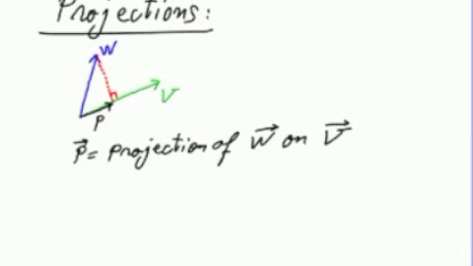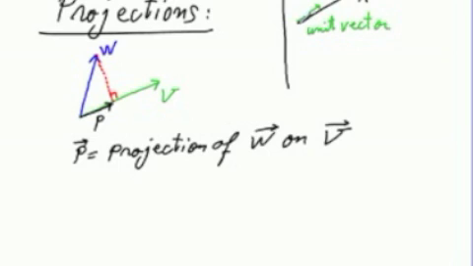We need two simple ingredients. One is the following. If I have a certain vector, let's call this vector A, say I want to make another vector in the same direction as A, but of unit length. So I am calling it a unit vector.